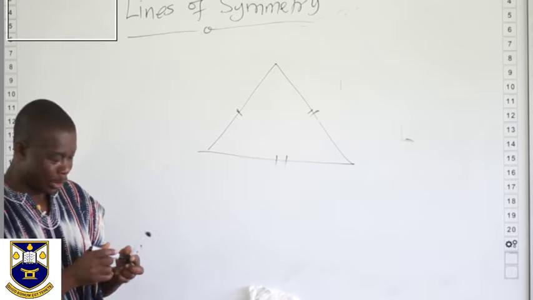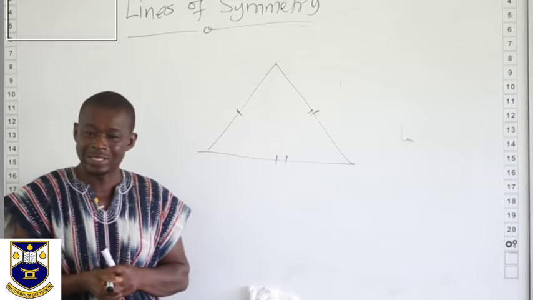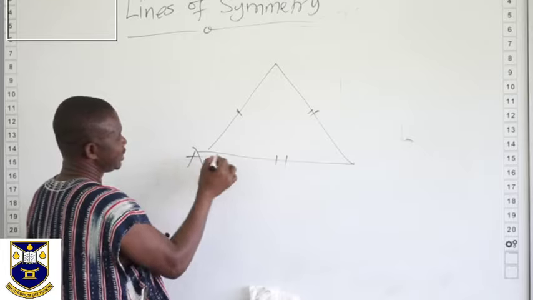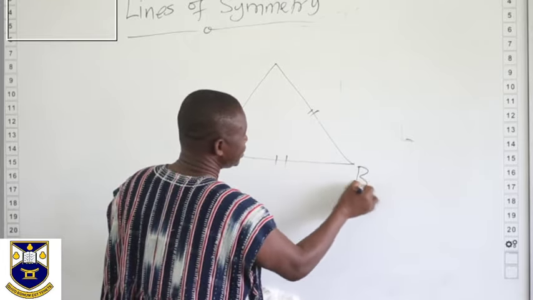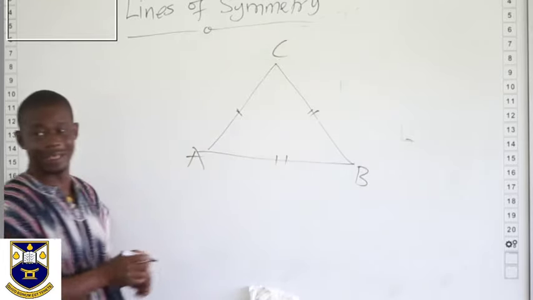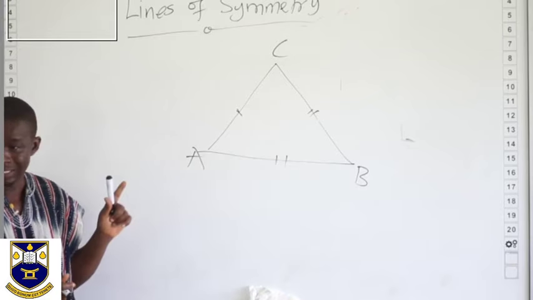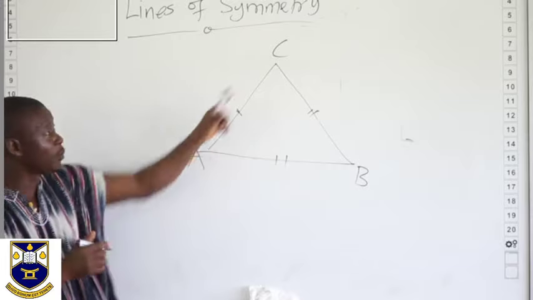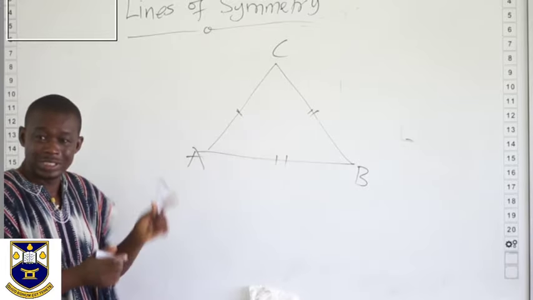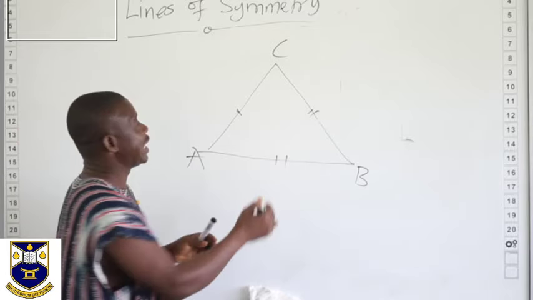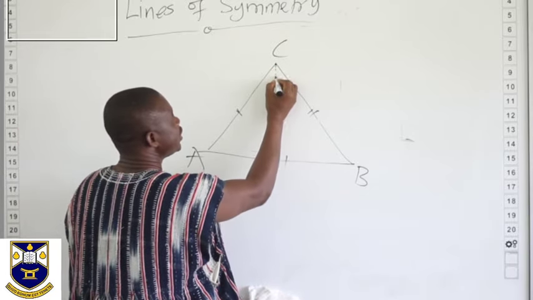Now, I'm going to see how many lines of symmetry this one has. Let's name the points A, B, C. Now I can decide to draw an imaginary line from C to see if I can have identical halves. I'll draw it this way.